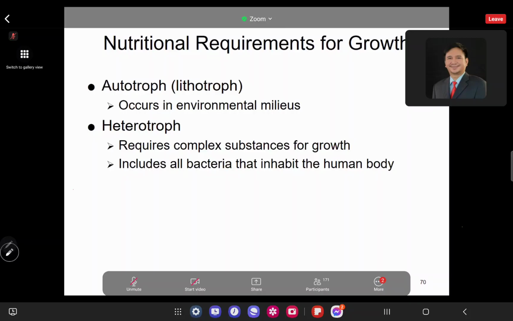As discussed in the previous slide, microbes can be categorized based on their nutritional requirements for growth. For example, your autotrophs or your lithotrophs consume simple inorganic substances as a nutrient source. Autotrophs are commonly found in environmental milieux such as soil and water.